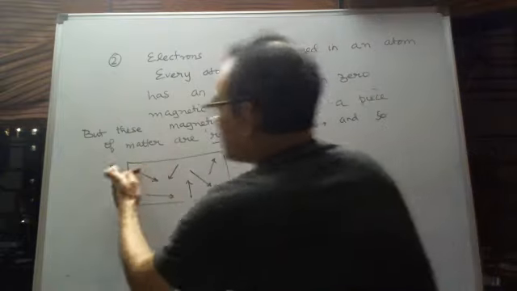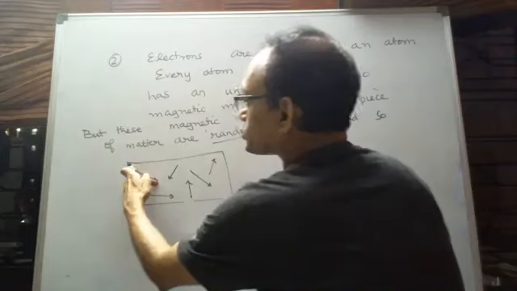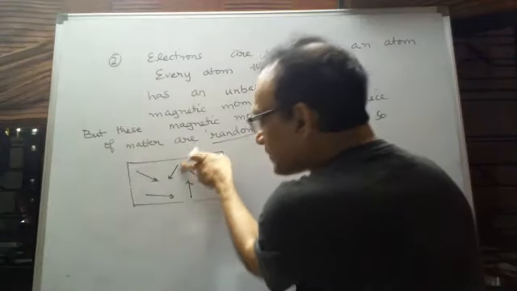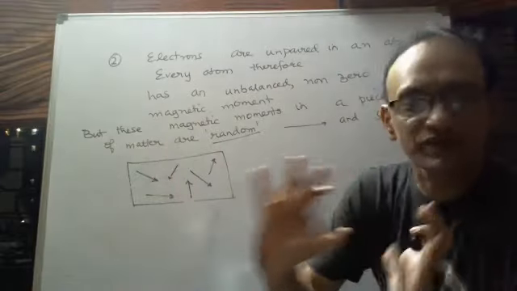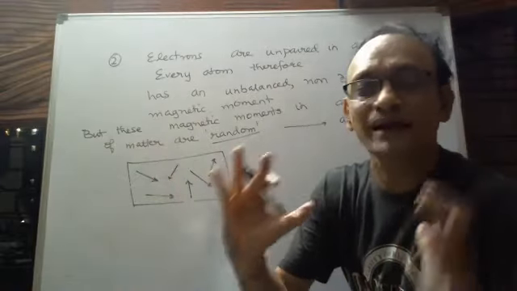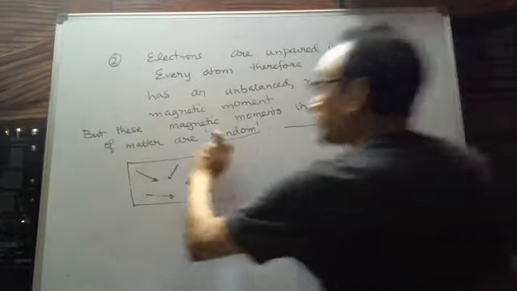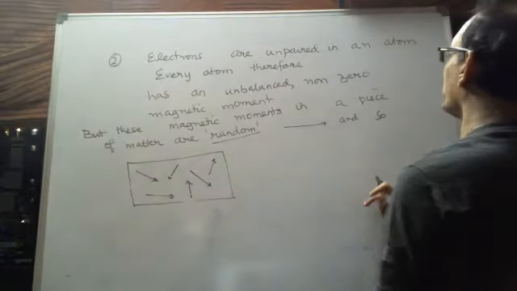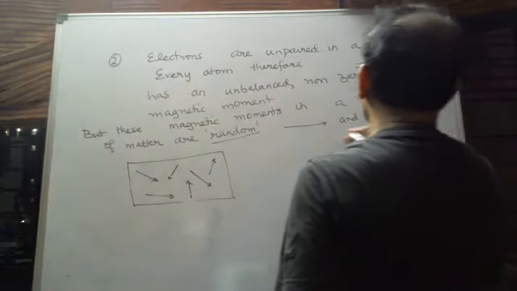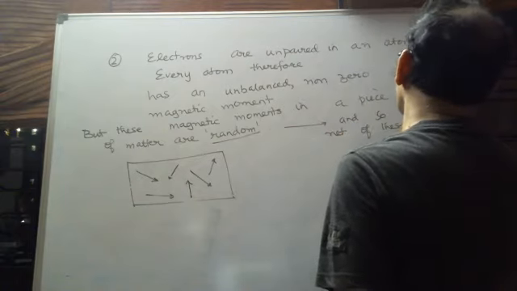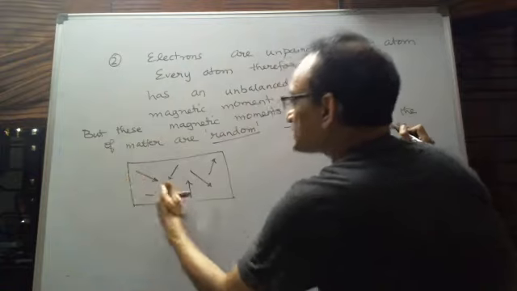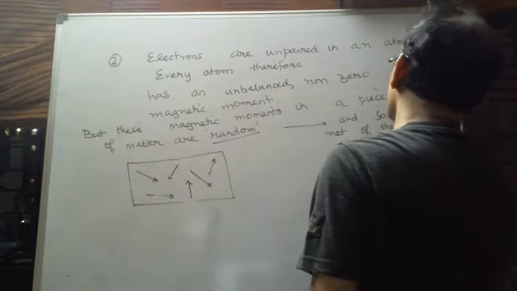Although every atom has a magnetic moment because of an unpaired electron, every atom will produce an unbalanced magnetic moment, but together the piece of matter's net magnetic moment will be zero.